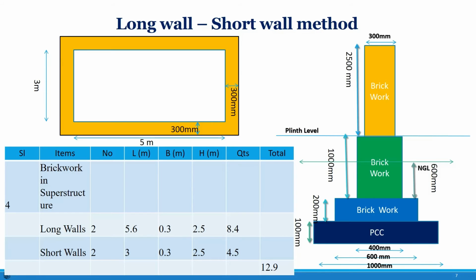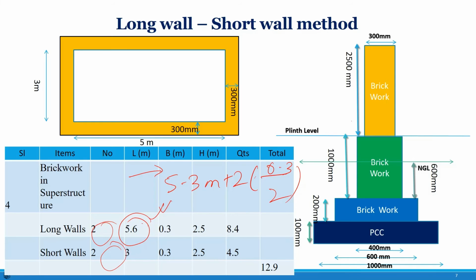Now we can calculate the brickwork in superstructure. Again we have 2 long walls and 2 short walls. The length will be 5.3 meter plus 2 times 0.3, the thickness of your brickwork in superstructure, divided by 2, so it is coming to 5.6 meter. Then the width is 0.3 meter and the height is 2.5 meter, which you have already defined.